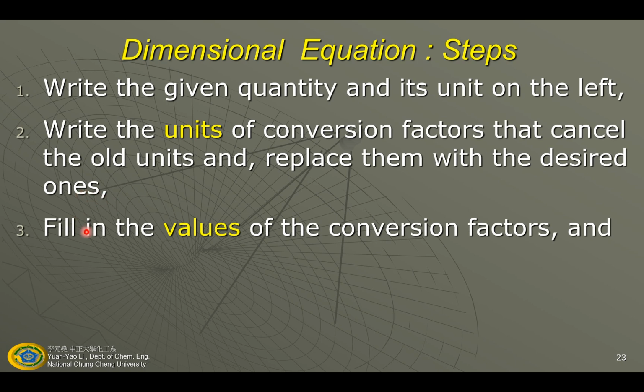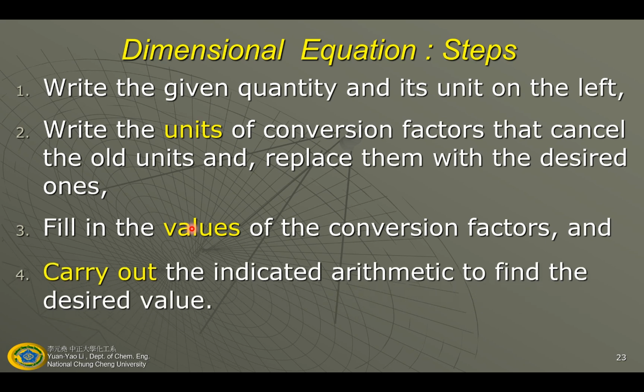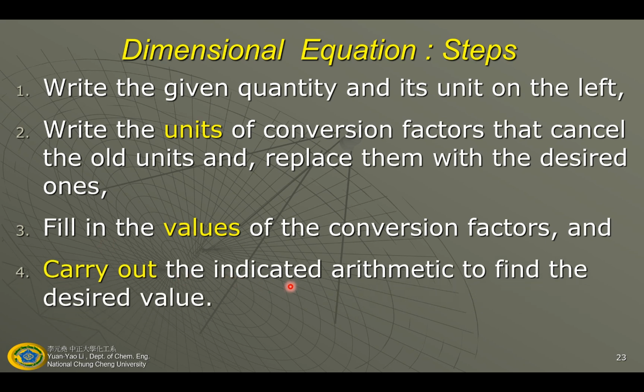Step 3 is fill in the values of the conversion factors, like 1 nanometer equals 10 to the minus 9 meters, right? This is the value. And then carry out the indicated arithmetic to find the desired value. You do a simple calculation, you find the desired value.